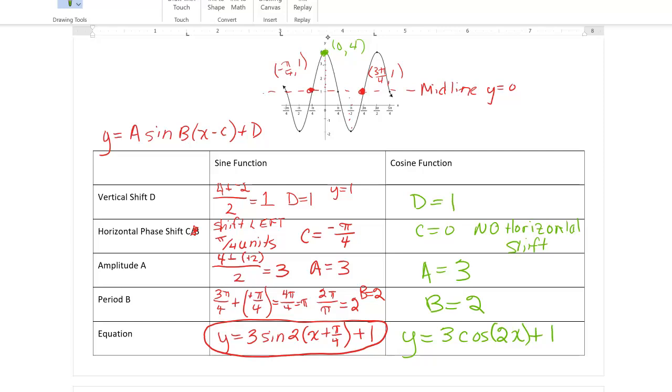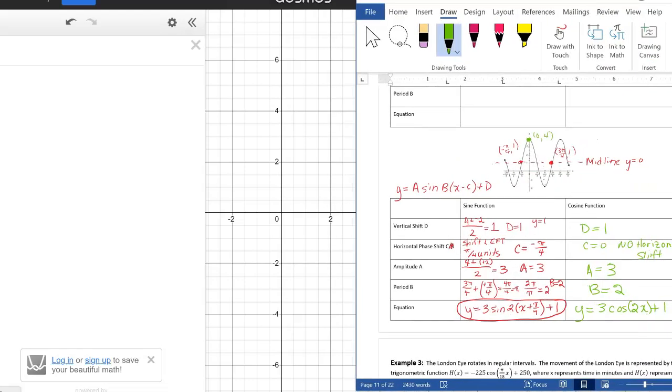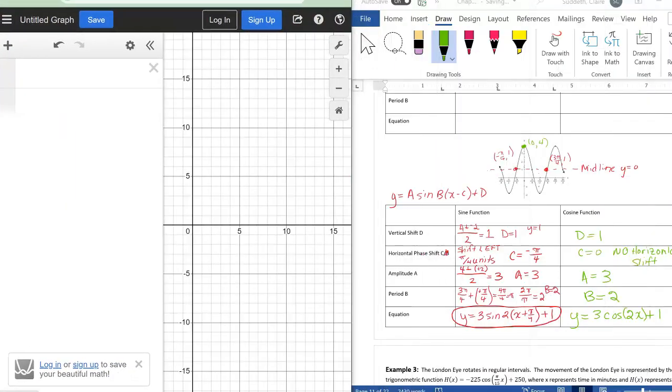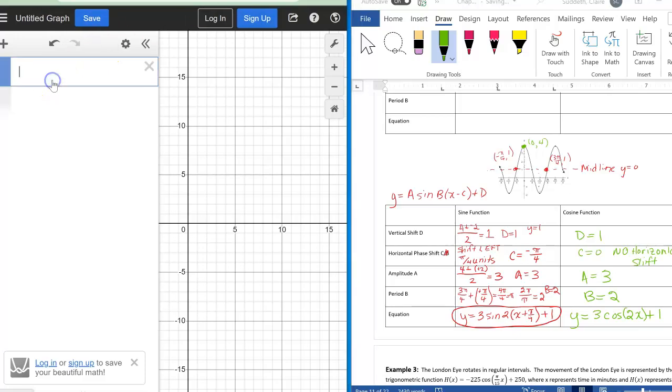Let's go ahead and double check this in Desmos. So let me slide this over a little bit so you can kind of still see it. And then let me go ahead and move Desmos over a little bit so you can see them both at the same time, hopefully.